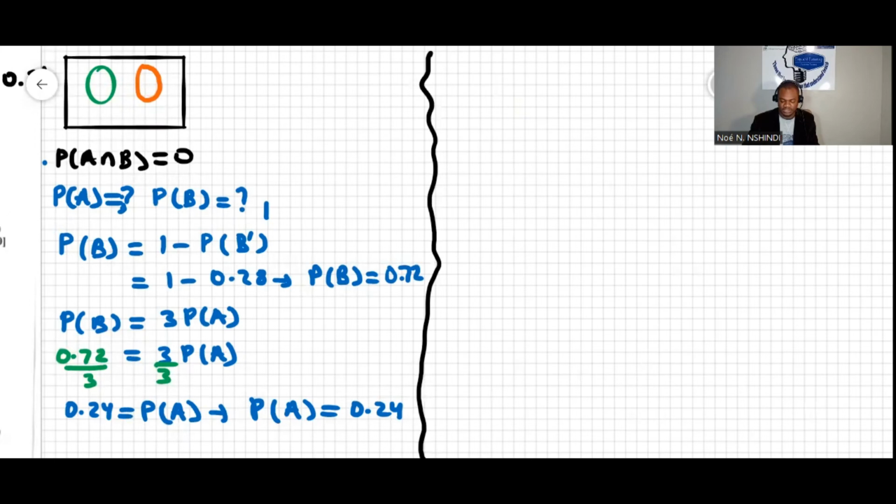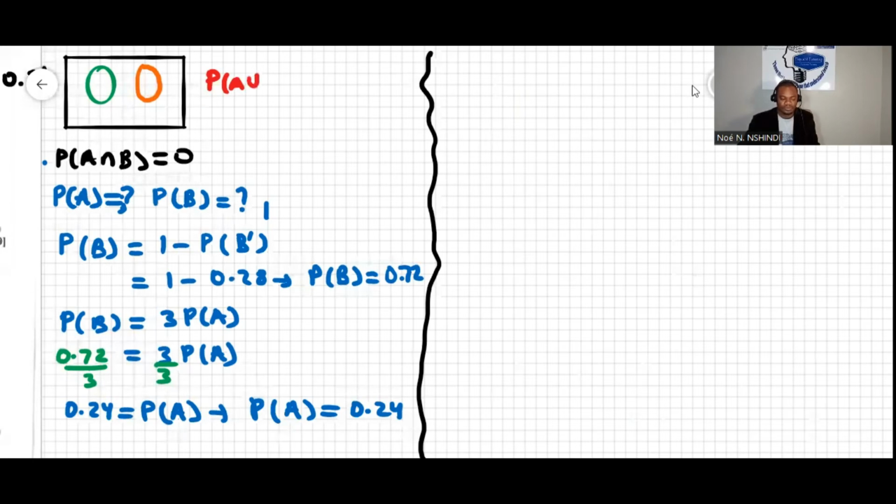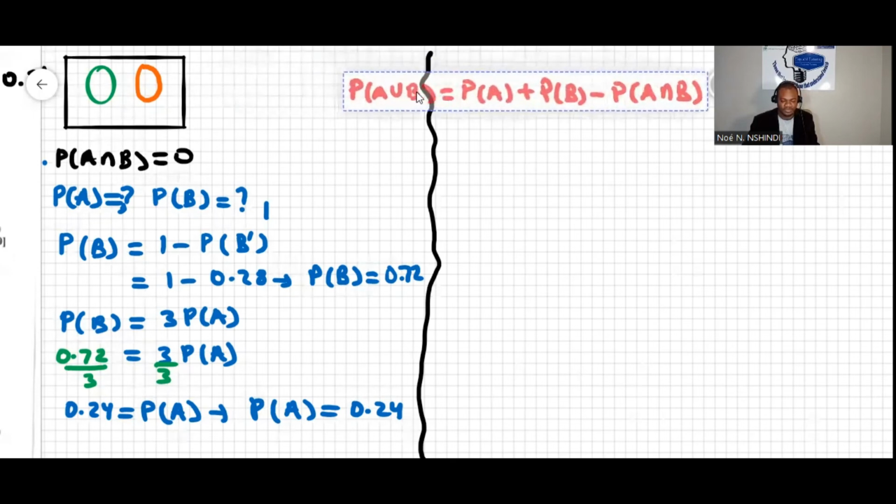We do know that the probability of A or B is equal to the probability of A plus the probability of B minus the probability of the intersection, A and B. This is where I can get A and B.